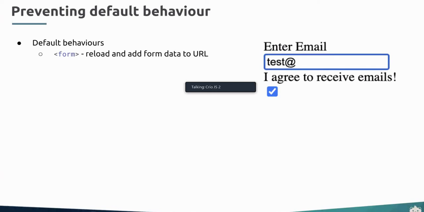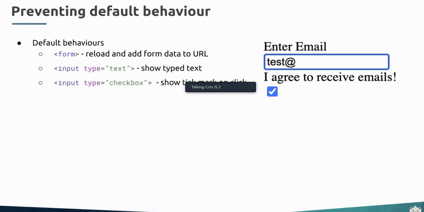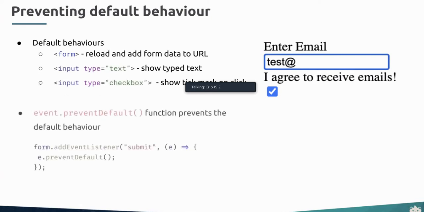In a form, we have this reload that happened, and similarly for input type equals to text and checkboxes. We could prevent this default behavior, where all the data got appended and the page reloaded, by using the event.preventDefault function. Here we are using a form, so we're concerned with the reload and the added form data. So what would happen is this data won't get appended, nor would the page refresh.